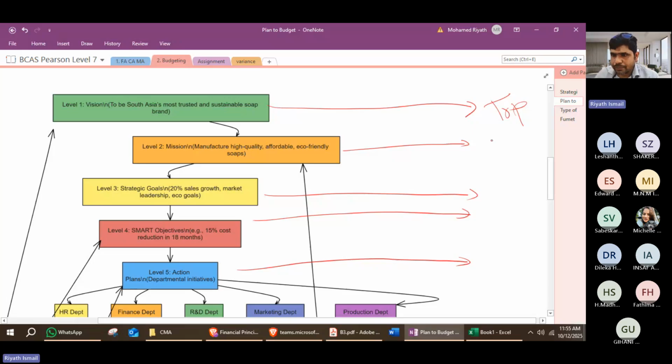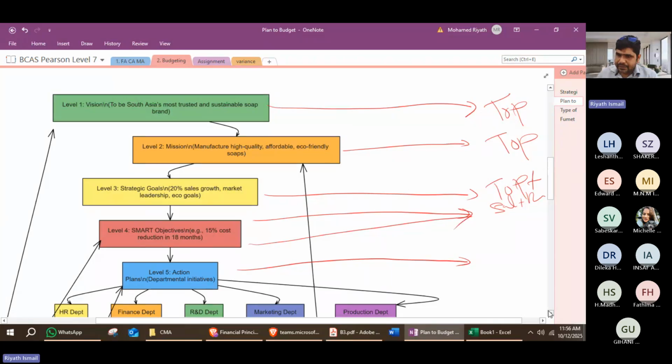Vision, strategic goals, sales growth, those sorts of things, top management will do. Here, top management plus the director of sales, director of production, all those people decide here.